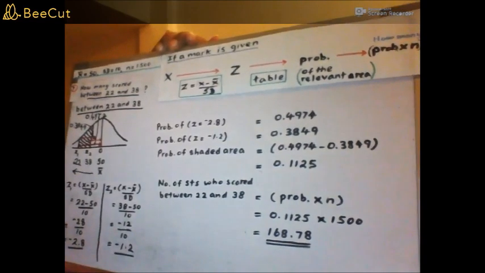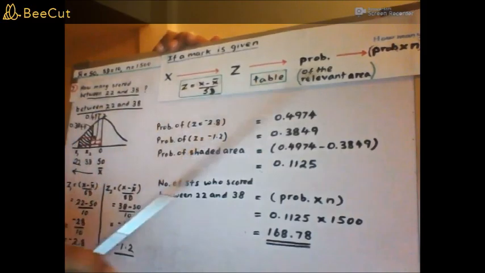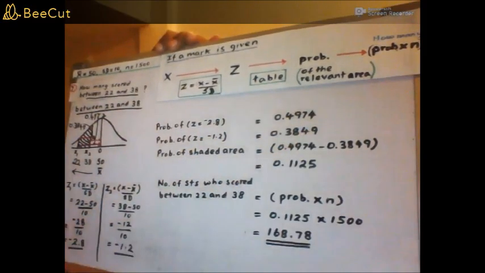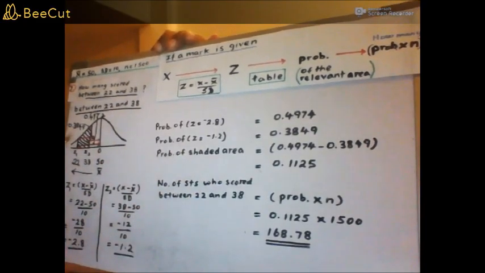Okay, so that's the way. If a mark is given, here the mark is given, you have to follow this route. That's why we did everything step by step. First we learned how to shade the area. Here, shading the area is very important, then only we can find these things.